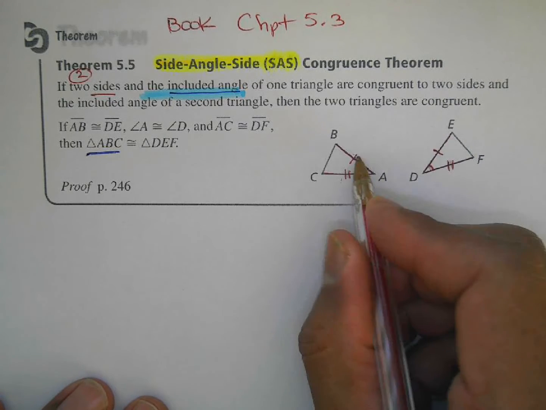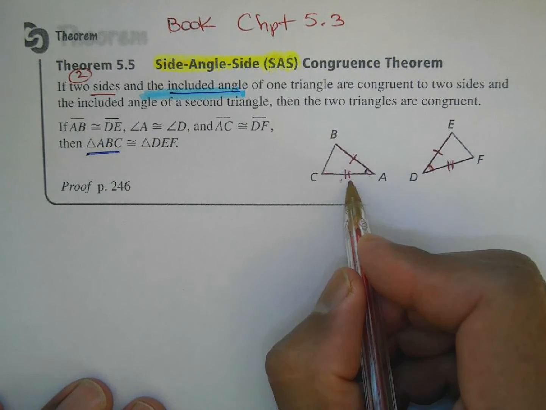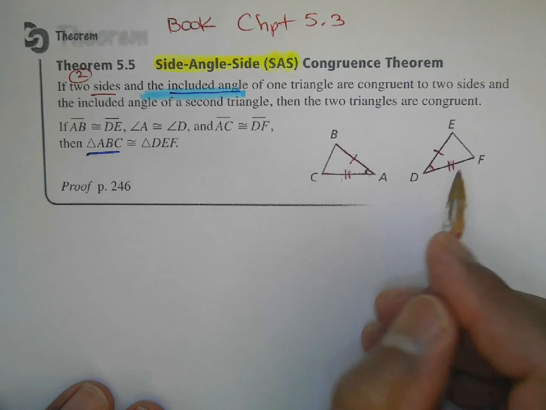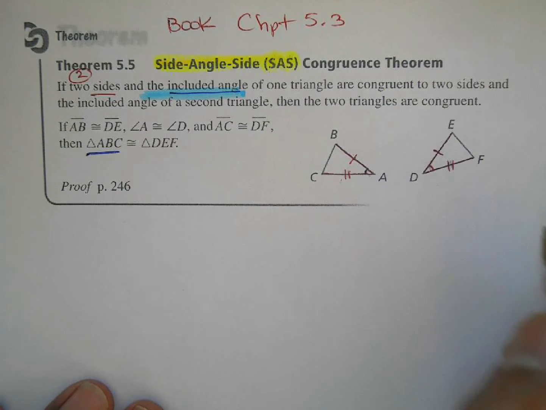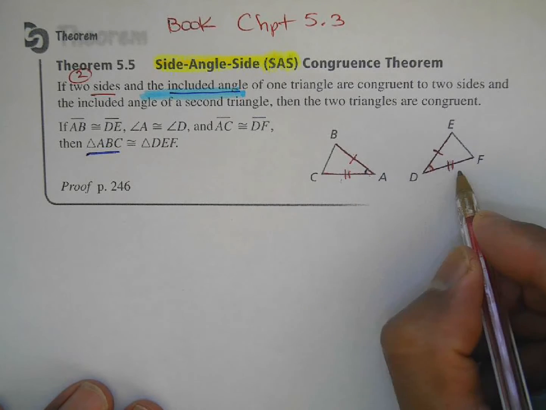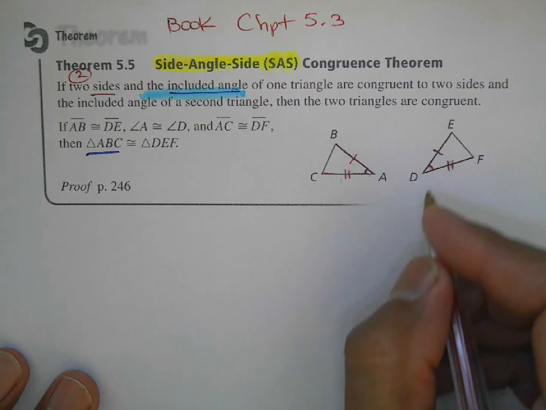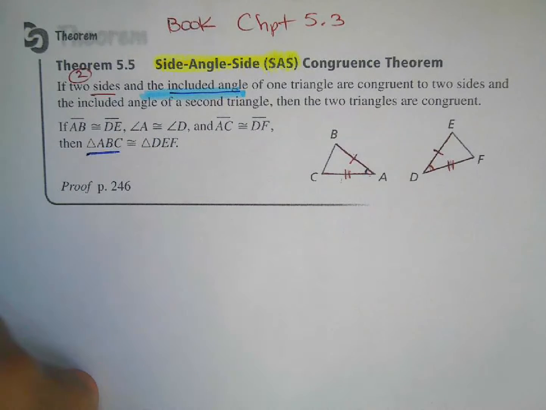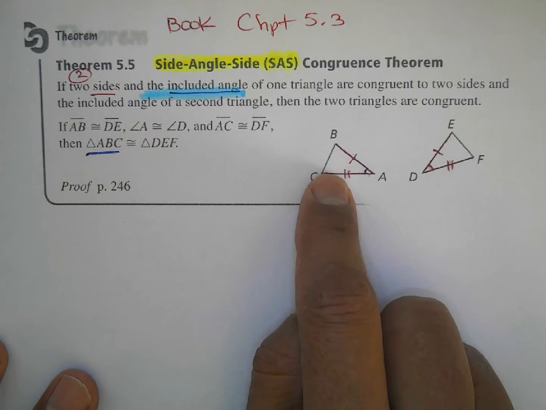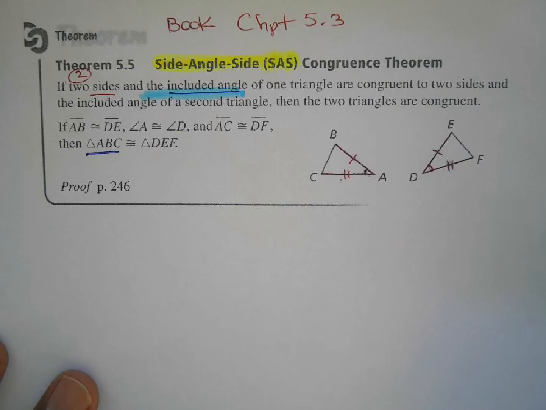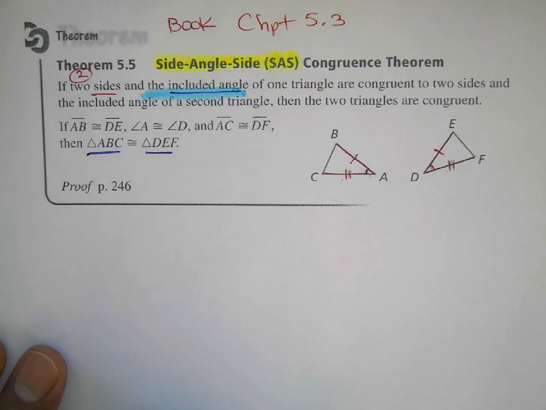It's in order. You couldn't have this side and this angle. If I have side angle side in one triangle congruent to side angle side of a second triangle, then we're able to claim that this triangle, in all its parts, is congruent to this triangle and all its parts.